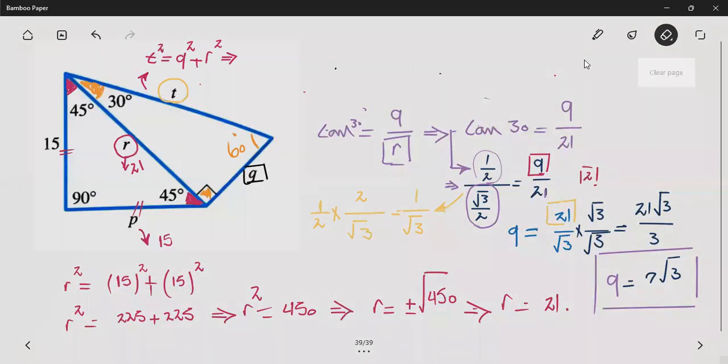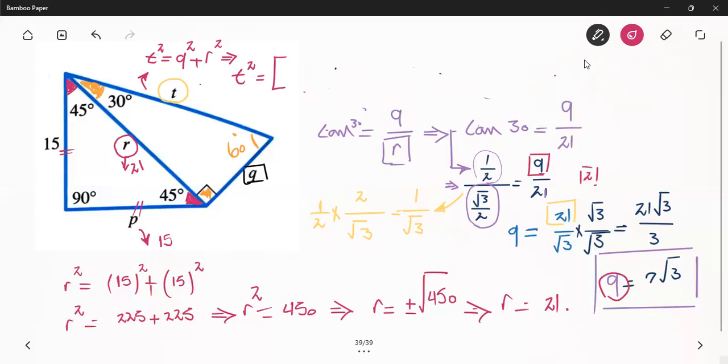Let me start by t squared. We said that t squared equals q squared. What is q? We got here q, 7 times square root of 3 to the power 2, plus what is r squared? That's right, 21 squared.